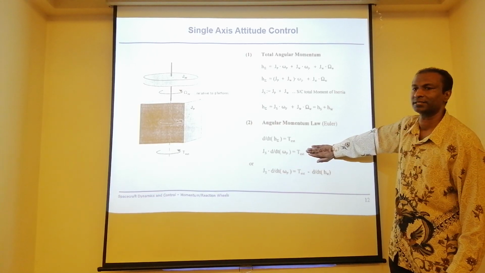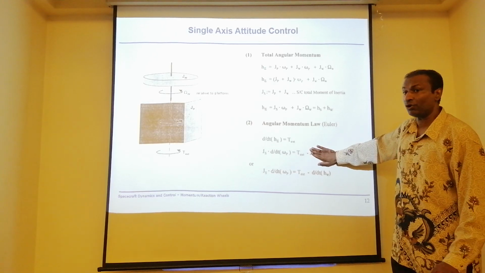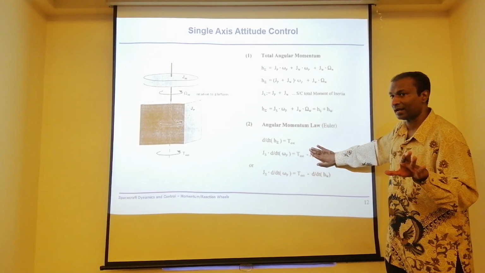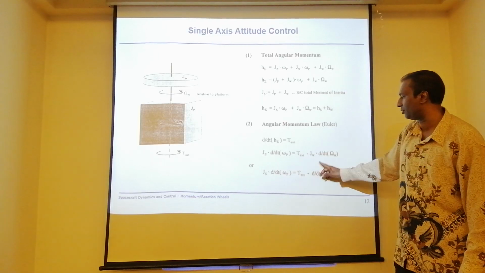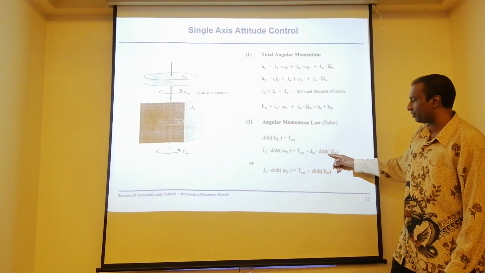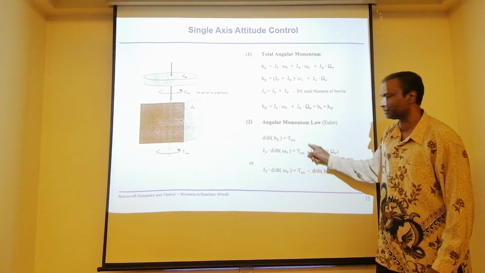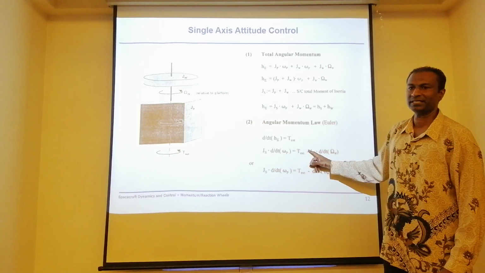Because of some external disturbance, T external. Now, in order for me to nullify that, I need to introduce this wheel. There you go, the wheel comes in here. So the wheel is also going to help me. How? It is going to rotate to counter this external disturbance.